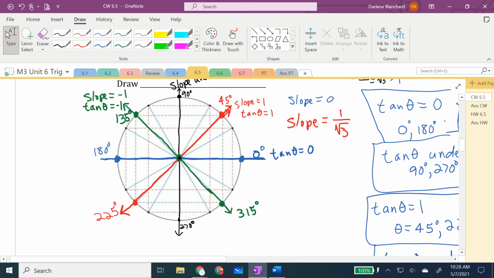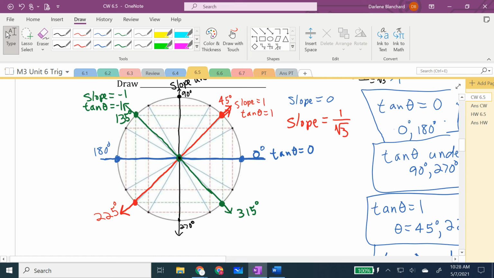Now just look at just these. See that those aren't too difficult to remember. That's 4 different lines right there, and it takes care of 8 angles around the unit circle.